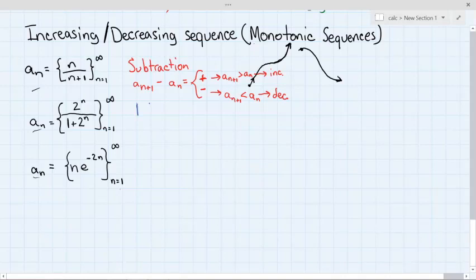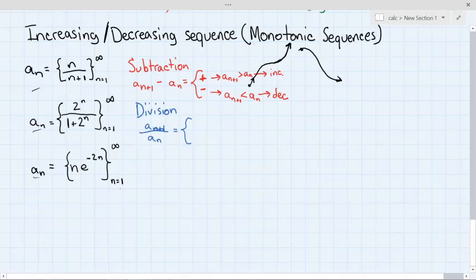Another method that we use is known as the division method. It's similar to the subtraction, except we are going to divide. And based on that, we're going to compare the result to the number 1.